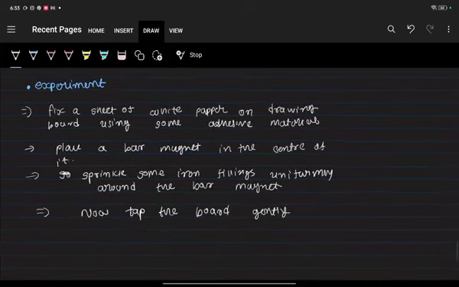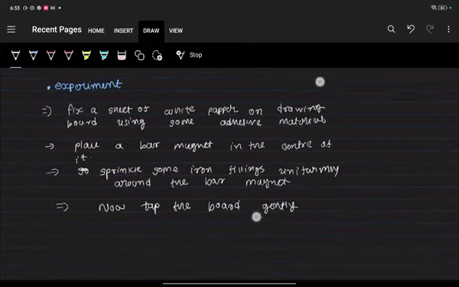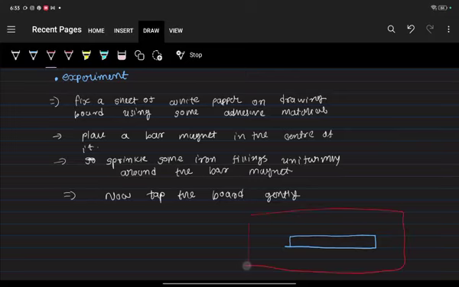And from this experiment, we get an idea of magnetic field, or we can say magnetic field lines. So, by doing this experiment, if you put it gently and sprinkle some iron filings, by tapping it, you can see the iron filings arrange themselves in this manner.